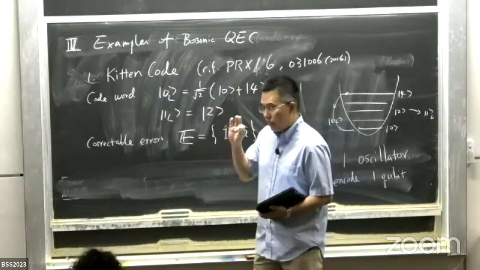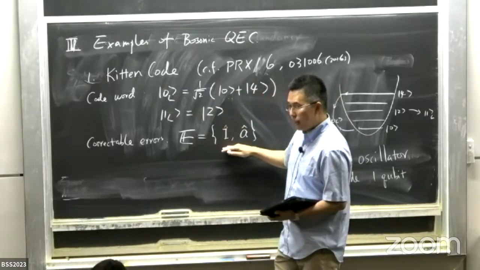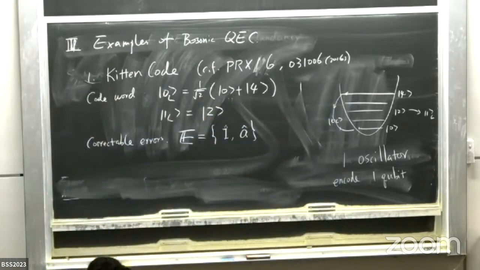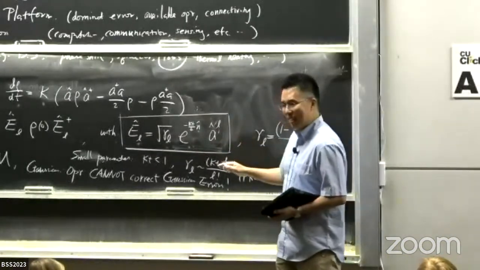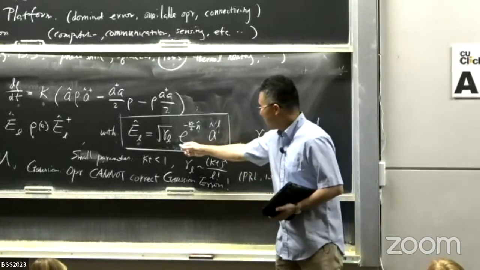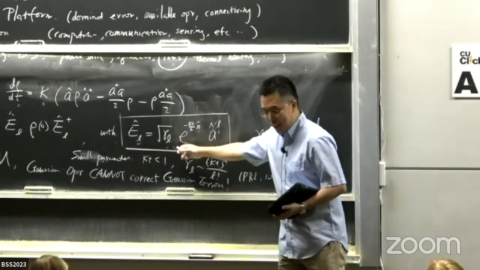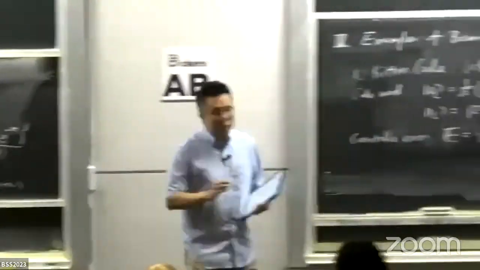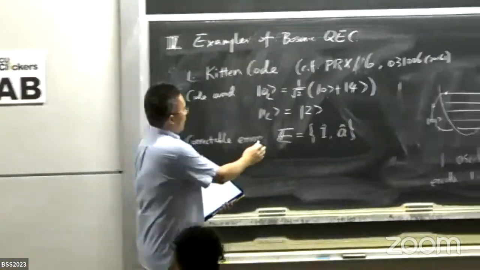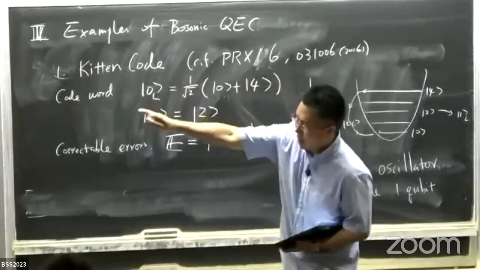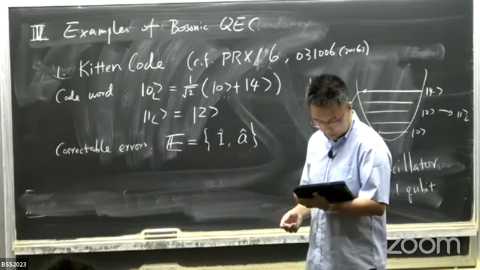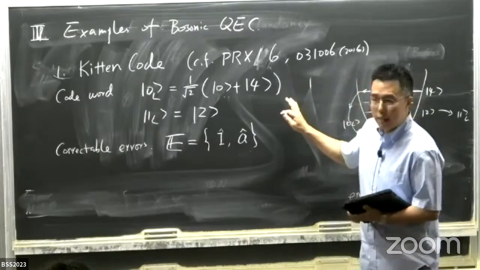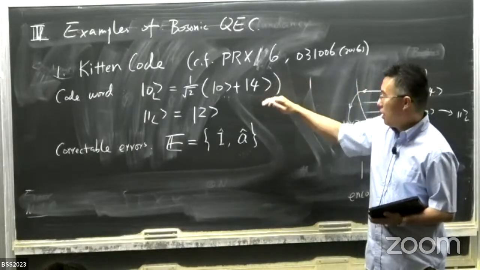Notice that there is a slight difference between the correctable errors I've written here versus the Kraus operators over here, because the identity is not the same: here I put L equal to 0, I still suffer this kind of back action with no loss. But this is much easier to compute, and later we can translate into that to compute the true performance of the codes. Are there any questions about the setting of the code word and the error model?